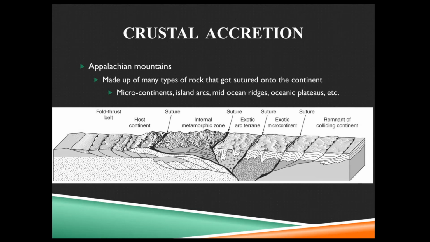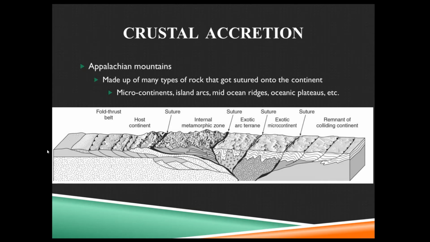It can be volcanic islands out in the middle of the ocean. It can be microcontinents. It can be any crust that's not highly mafic. It will not be dense enough. It will not subduct. So here we have a cross-section of the Appalachian Mountains in the United States.